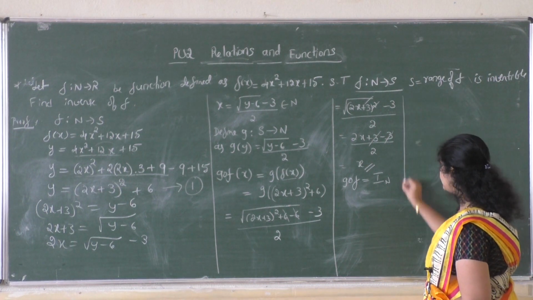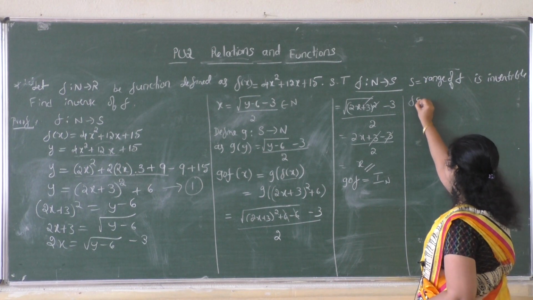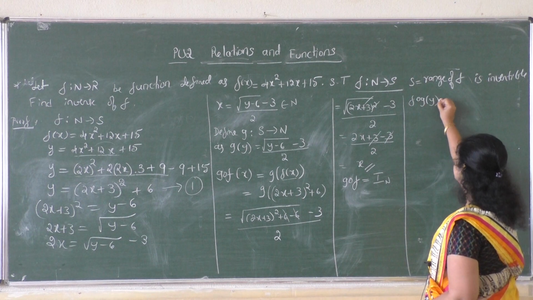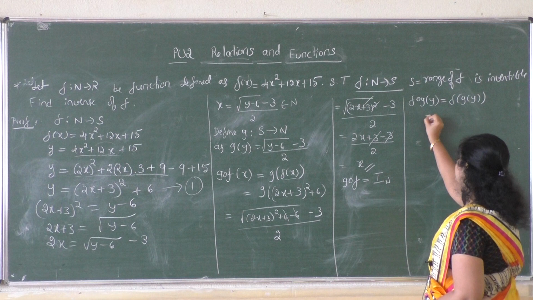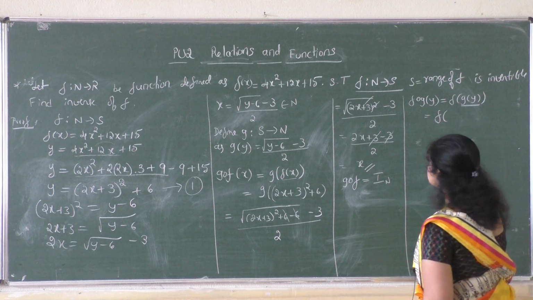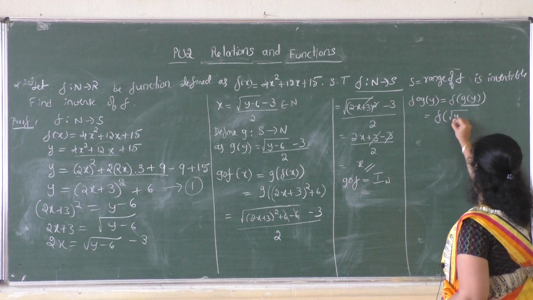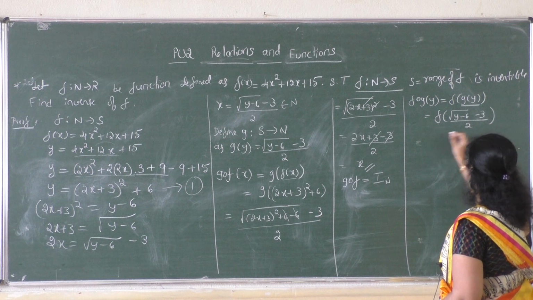Now we can prove that f of g is also identity. Therefore f of g of y is equal to f of g of y. What is g of y? g of y is square root of y minus 6, minus 3, divided by 2.